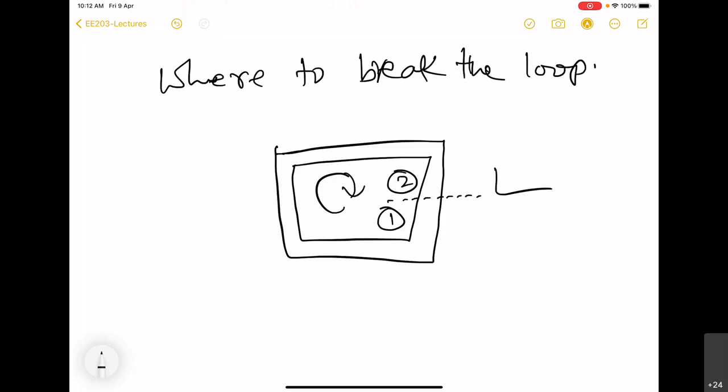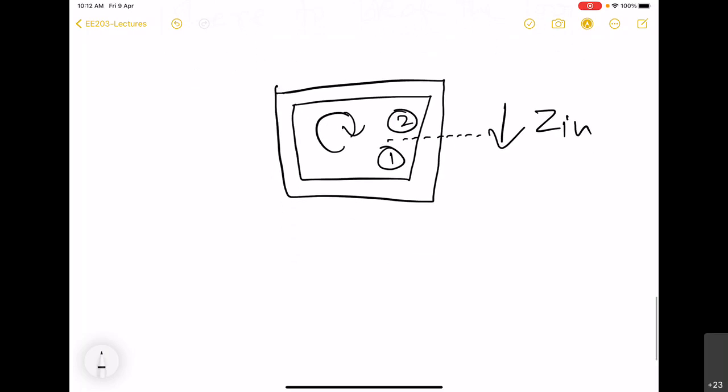Then we have to ensure that the impedance looking into this direction is maintained after breaking the loop.